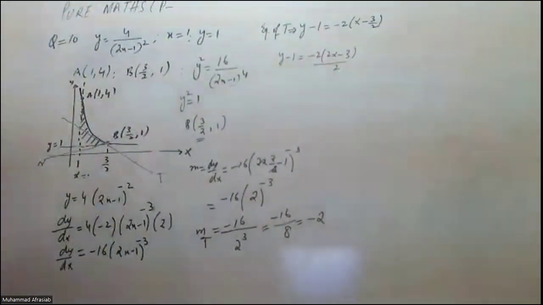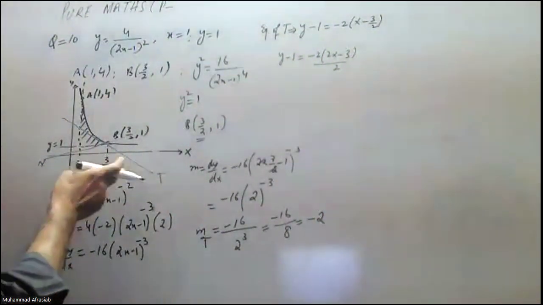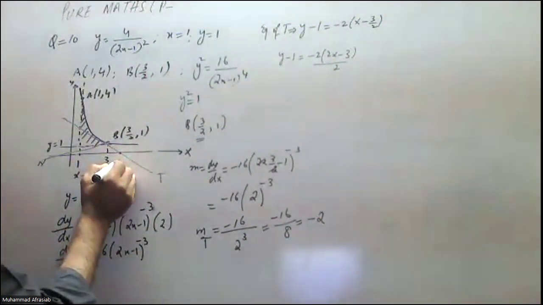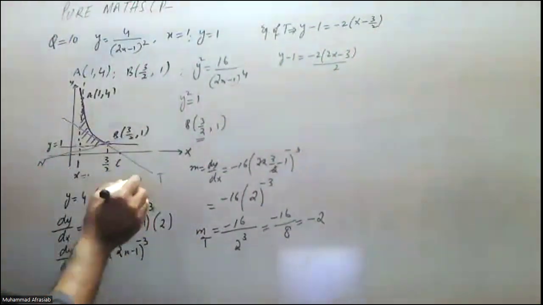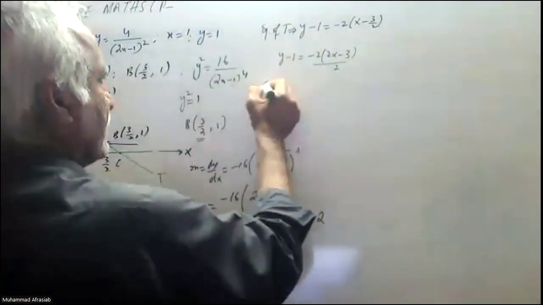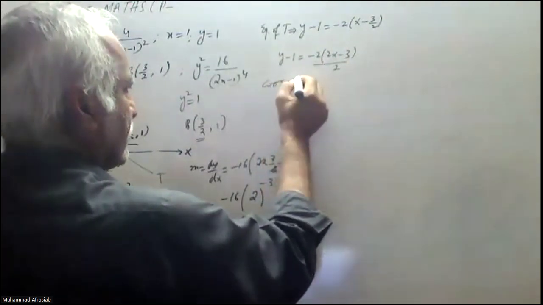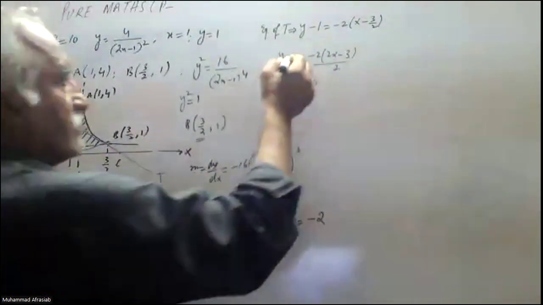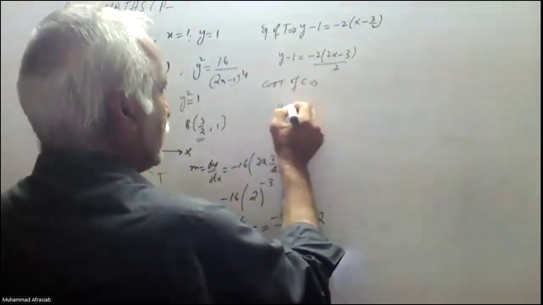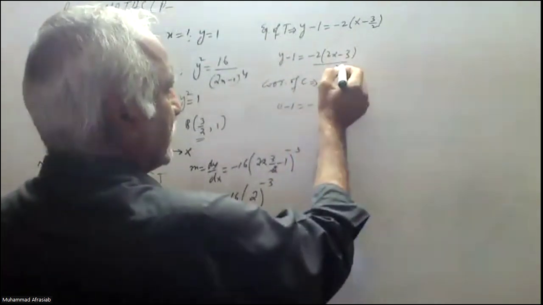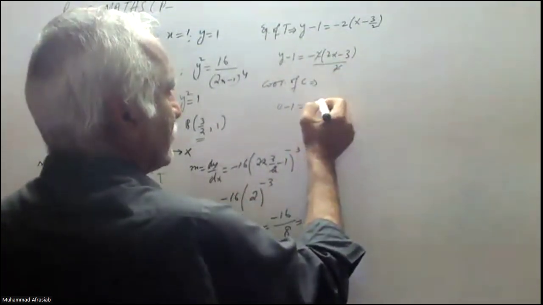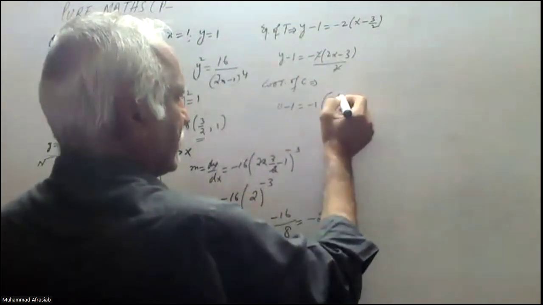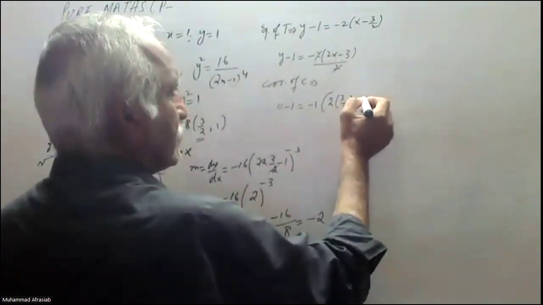And since this tangent is going to be cutting the x-axis at this point C there, so the coordinates of C, because at the C position y coordinate is 0, so 0 minus 1 is equal to this minus 2, and 2 cancel, minus 1 into 2x minus 3.